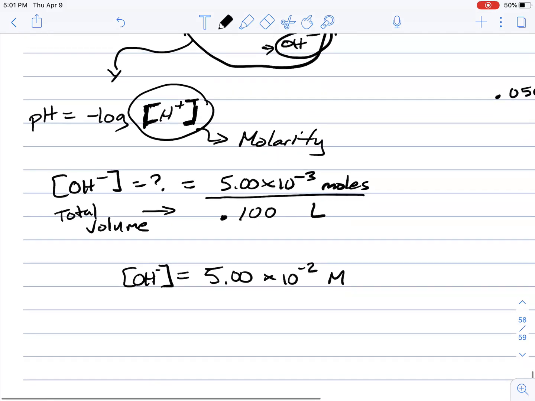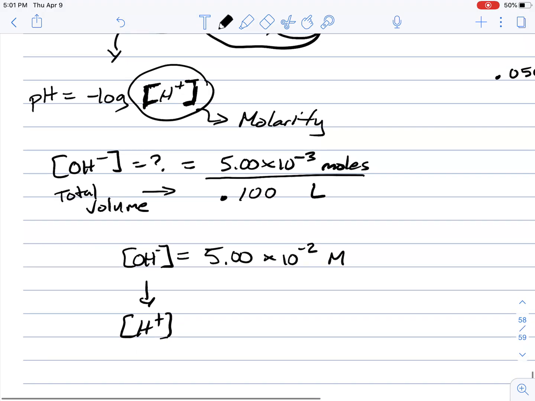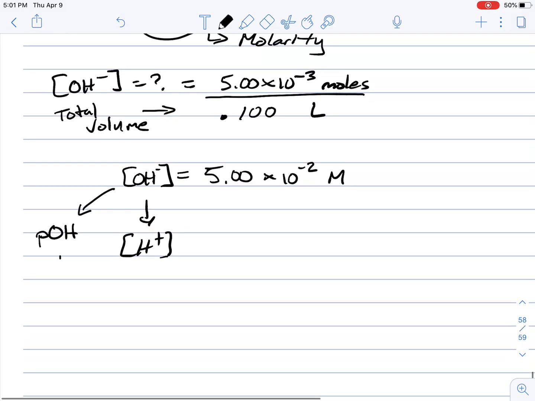And so once again, you guys can do one of two ways. You guys can convert hydroxide into hydrogen ion by using Kw, or you guys can take this hydroxide and then calculate the pOH and then convert into pH.